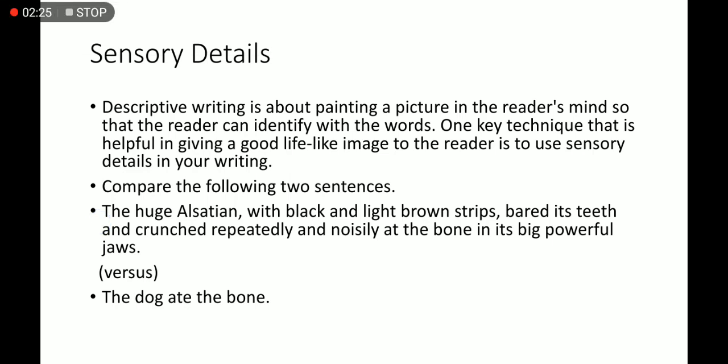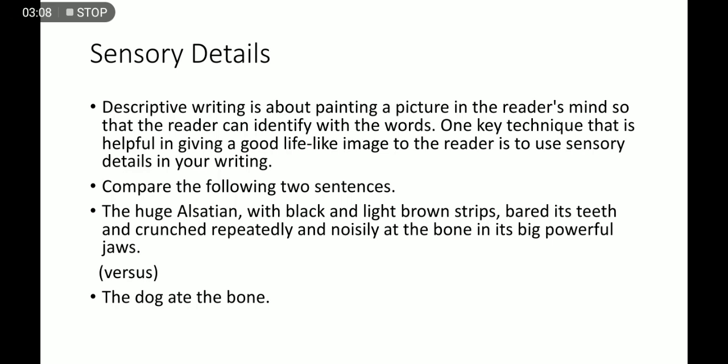So let us just begin with the formal introduction of this class, and let's have a look at sensory details, which is the main topic of this class. I will repeat the idea that descriptive writing is about painting a clear picture in the reader's mind about whatever you're trying to describe, and appealing to the sensory details is one of the key techniques of descriptive writing that can help you to write a convincing piece of description.